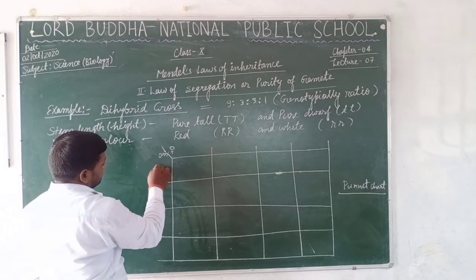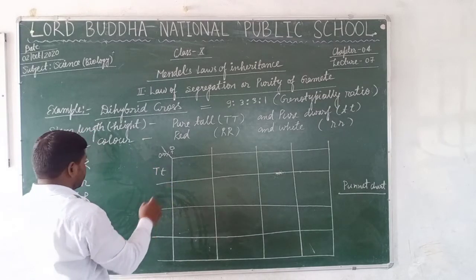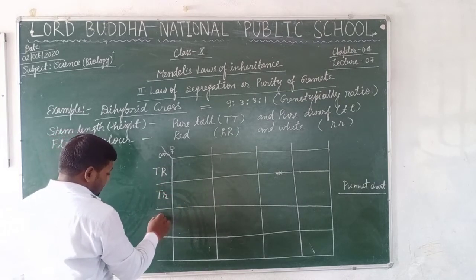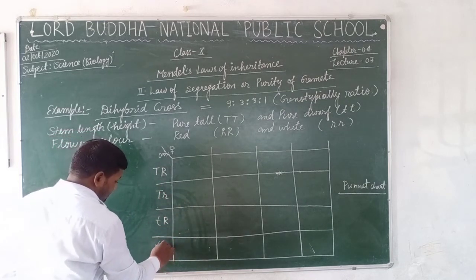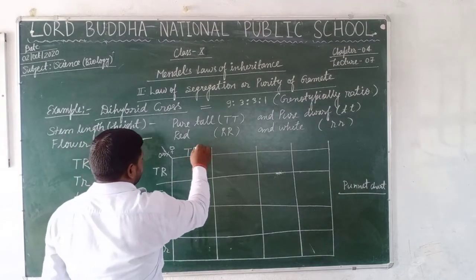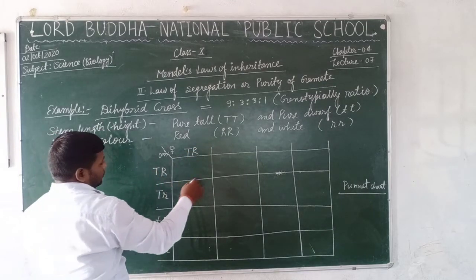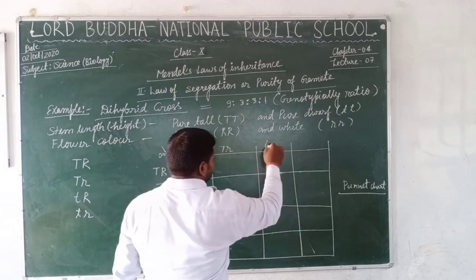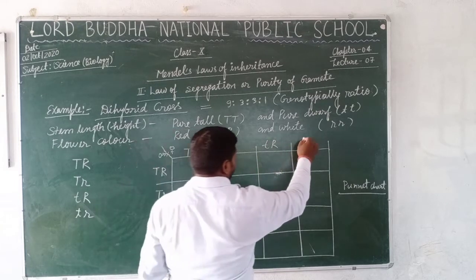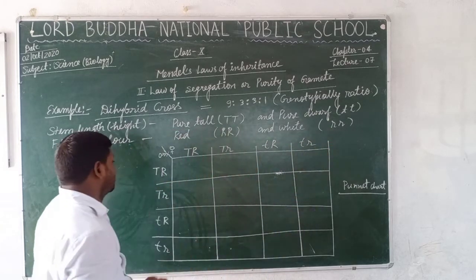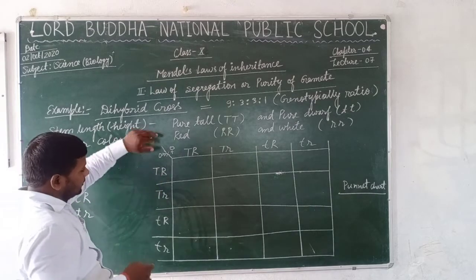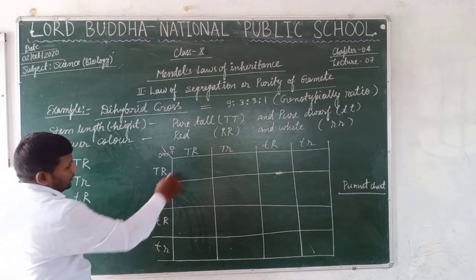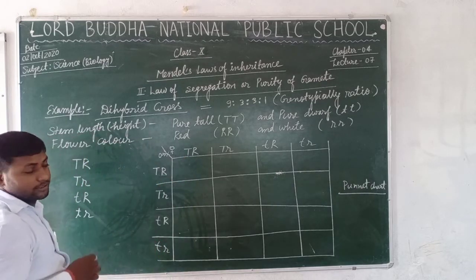So students, the first gametes I take are capital T capital R, capital T small r, small t capital R, and small t small r. The same are placed along the other side. Now we multiply both sets of contrasting alleles, not mathematically but biologically.